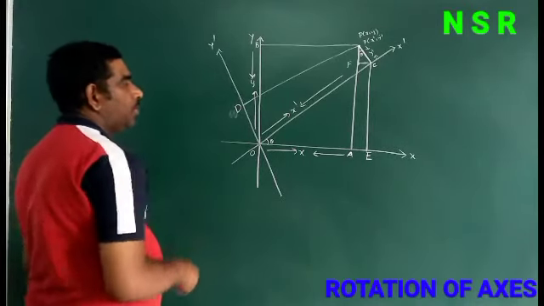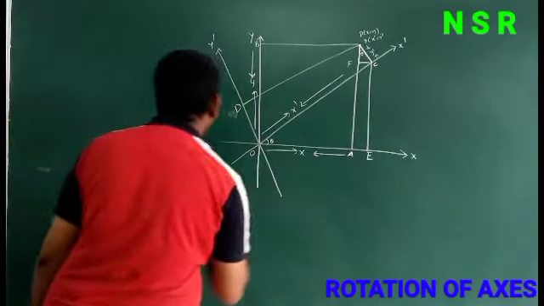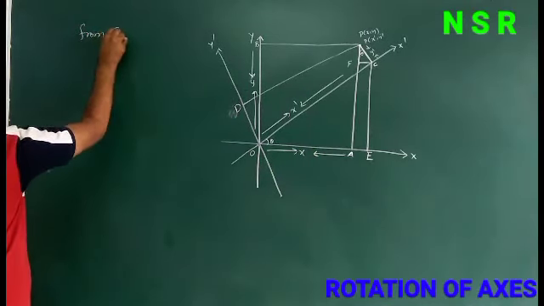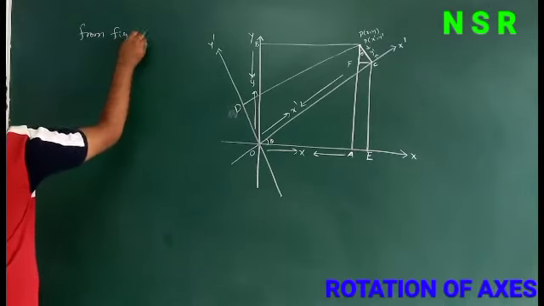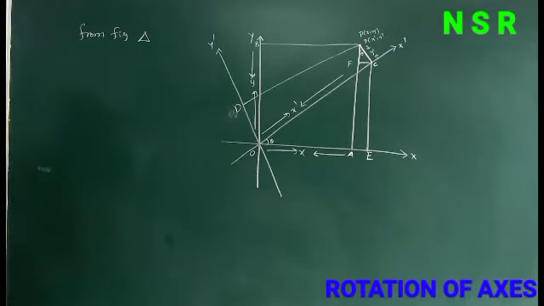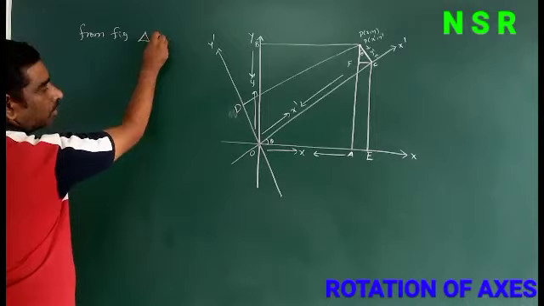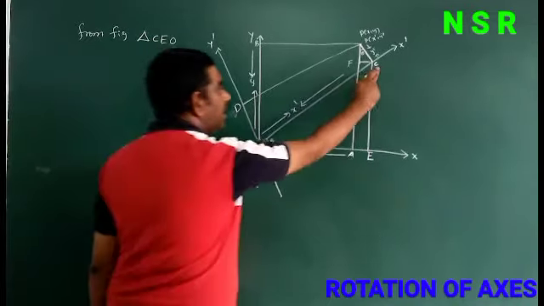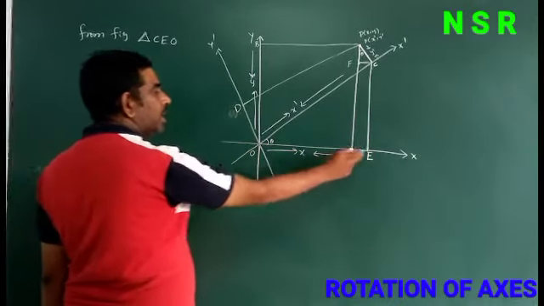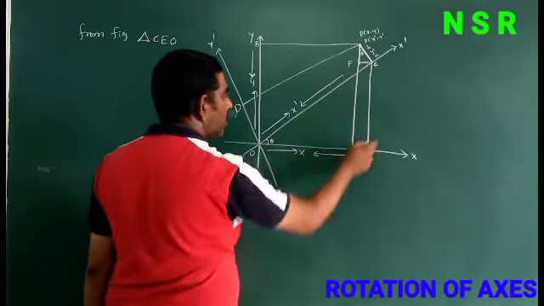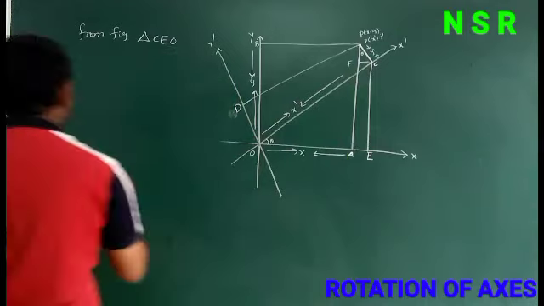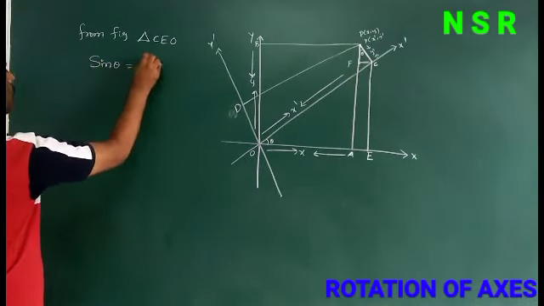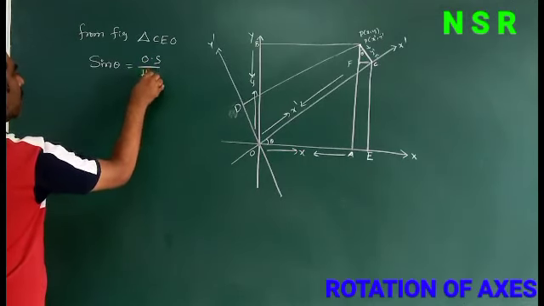Here we form two triangles. The first triangle, from the figure, is triangle CEO. This is a right triangle with opposite side, adjacent side, and hypotenuse. Now apply sin theta, which is opposite side by hypotenuse.